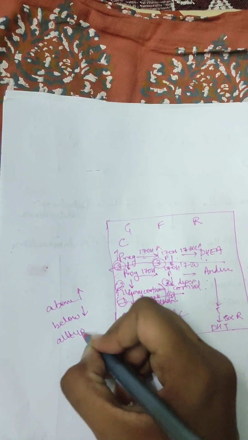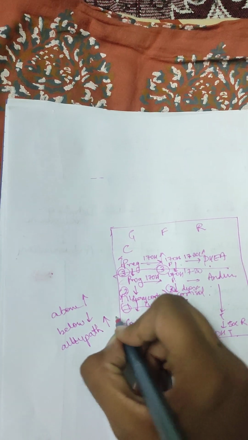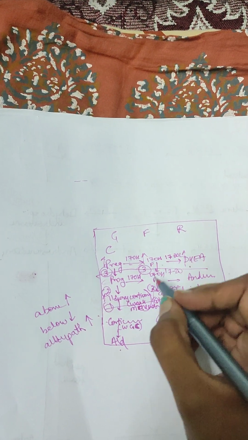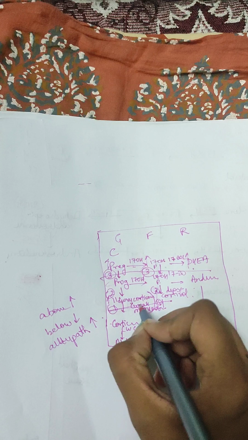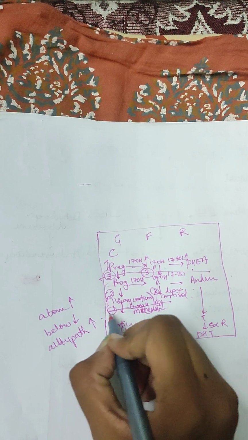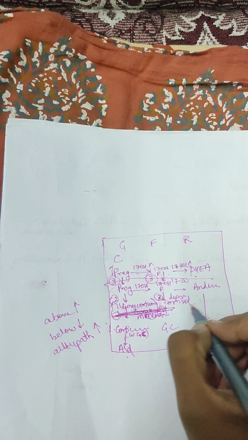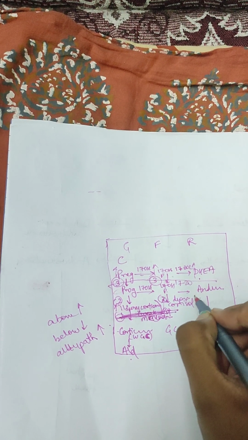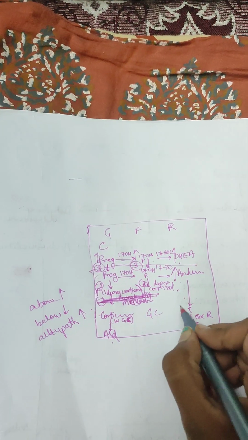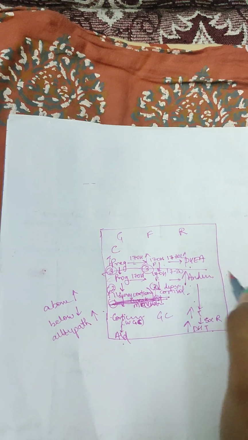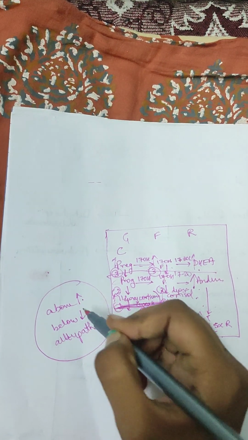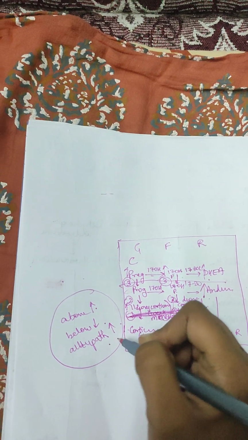Alternate pathway will increase. Like if there is a decrease of this 21 alpha hydroxylase, since it is not there, increase androstenedione, increase testosterone, increase DHT. So this you need to remember: above increase, below decrease, alternative pathway increase.